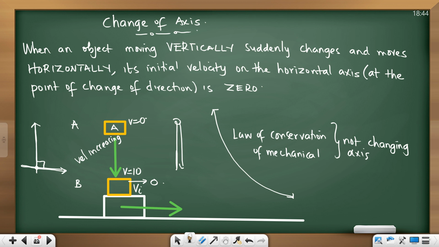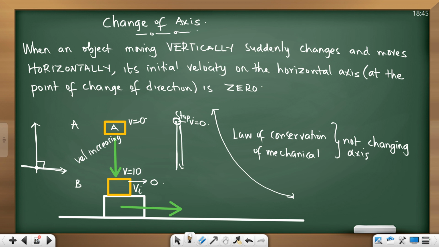It goes up. There's the change of direction here. It must stop first. That's why at the maximum height, velocity is 0. The object cannot turn without changing direction. Up it goes. Once it wants to come down, it must stop before it comes down.